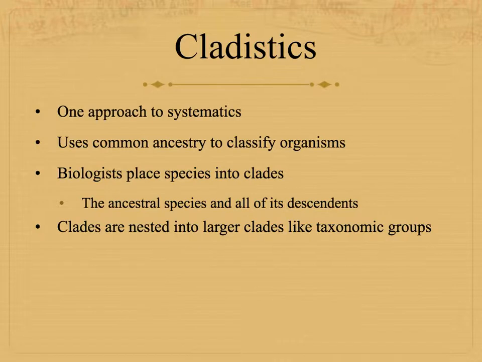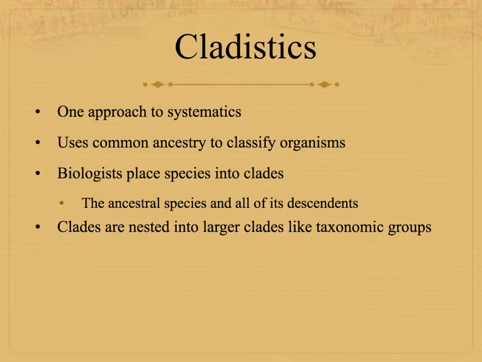Okay, so before we were talking about how organisms are grouped into domains and kingdoms, phylum, class, order, family, genus, species, Linnaeus's classification system. And now we're going to talk about how we could put organisms into clades, which is kind of along the same lines of the taxonomic groups, that they're nested within each other and one leads to the next.